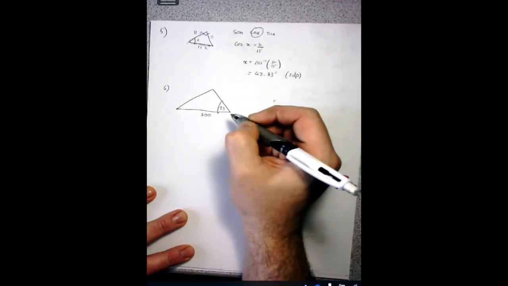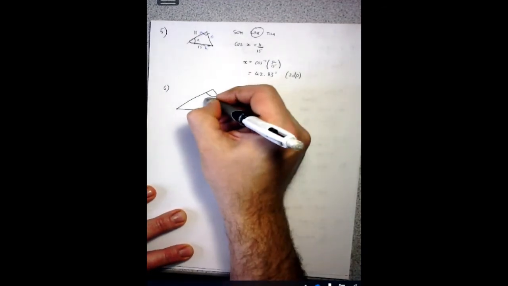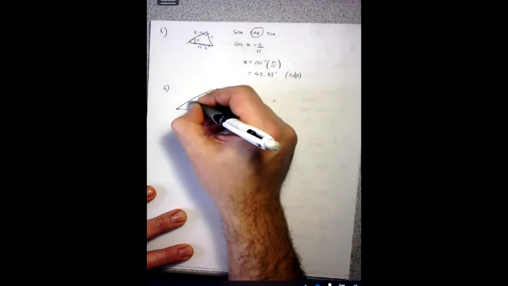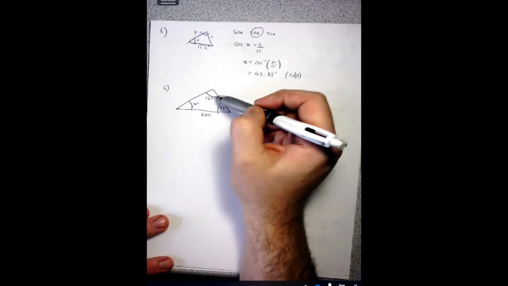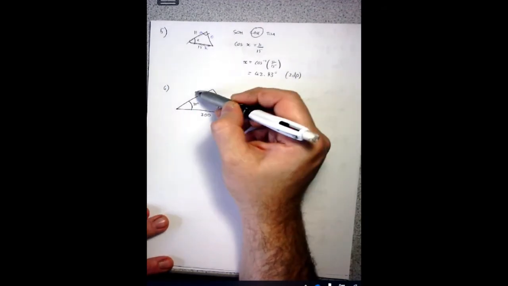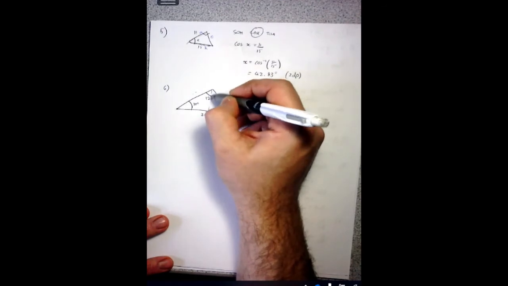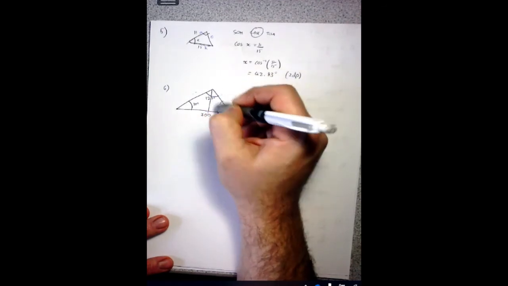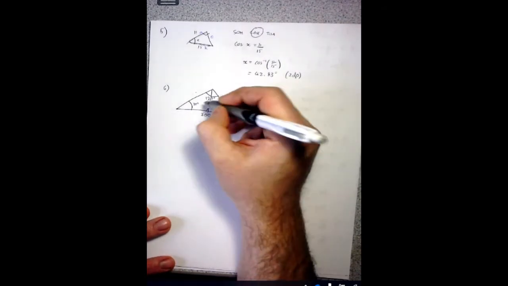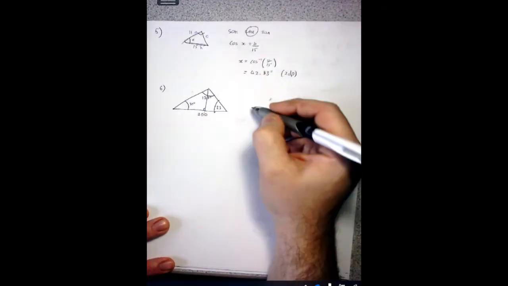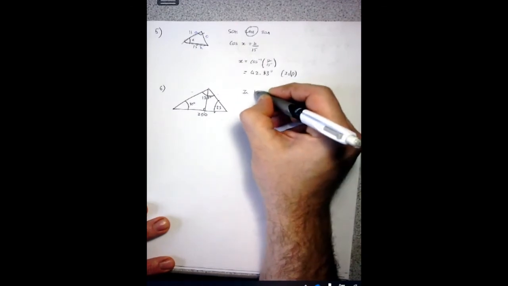So, in the big triangle, remember the sine rule, sine A over A, sorry, it's the other way around, isn't it? Sine A over A equals sine B over B, and a capital is an angle and a lowercase is a side. So I've got this pair here.